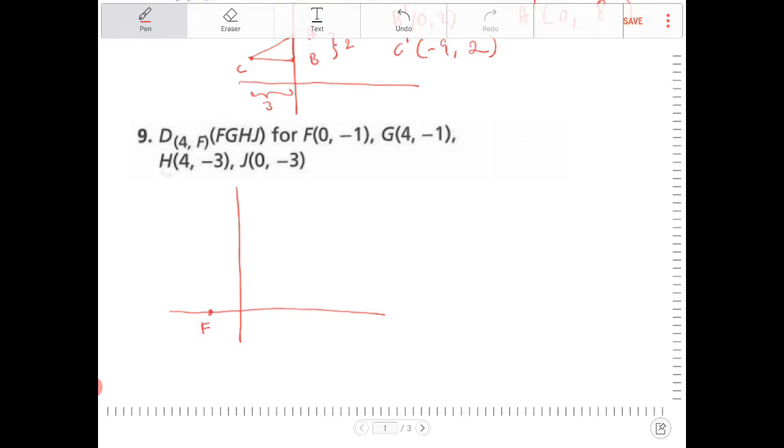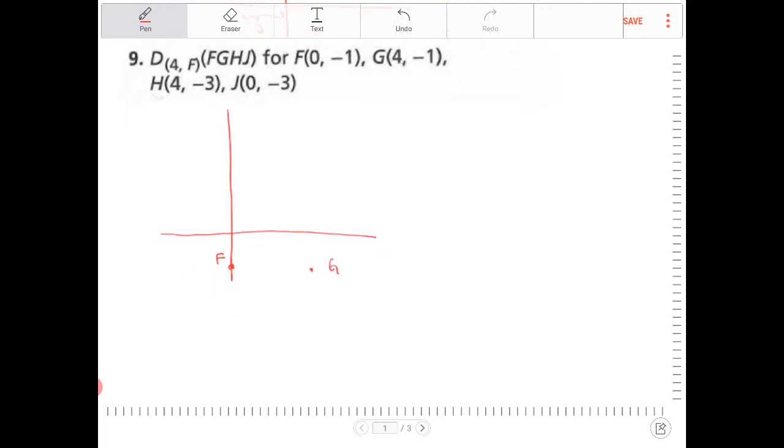F is 0, negative 1, so it's over here. And then G is 4, negative 1, so it's going to be right there. And then H is 4, negative 3. And J is 0, negative 3.